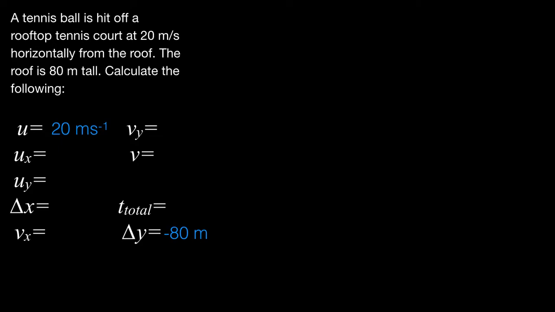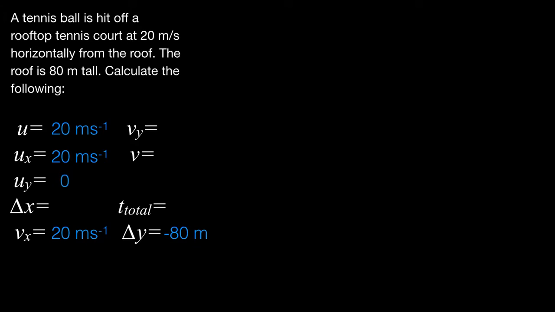Because it's horizontally launched, we know that the initial velocity will equal the initial horizontal velocity. And because the horizontal velocity never changes, we also know that the final horizontal velocity will be 20 meters per second as well. And because it's horizontally launched, we also know that the initial vertical velocity is 0.